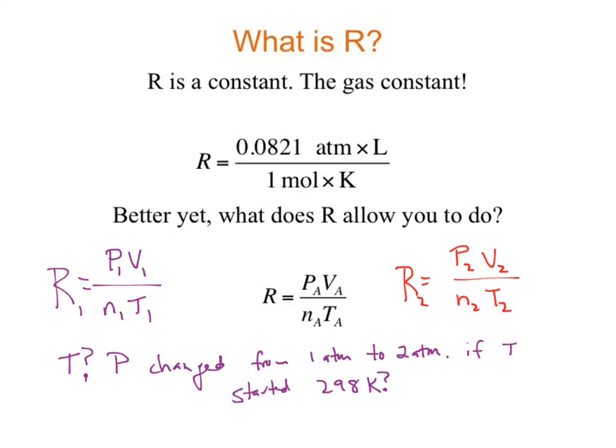They're the same, which means I can now say P1 V1 over N1 T1. But what did we say was the difference between our moles and our volume? What happened to them in the course of this question? Nothing. So V1 equals V2. N1 equals N2. So what happens to those terms?